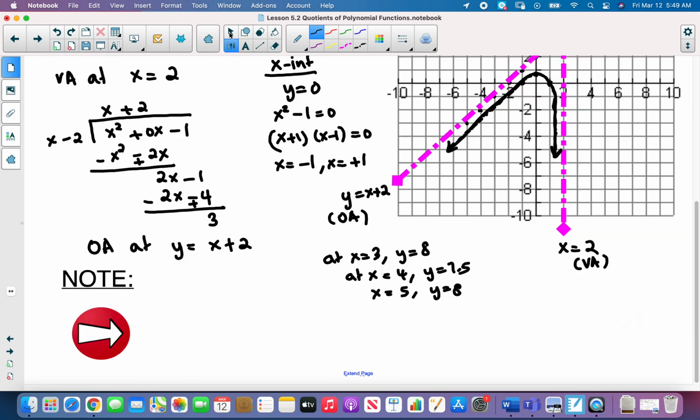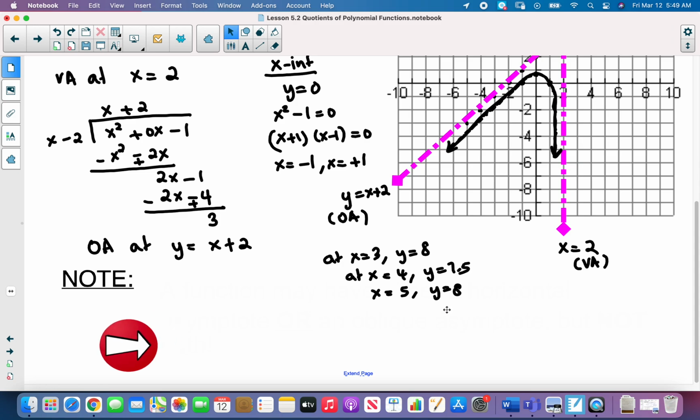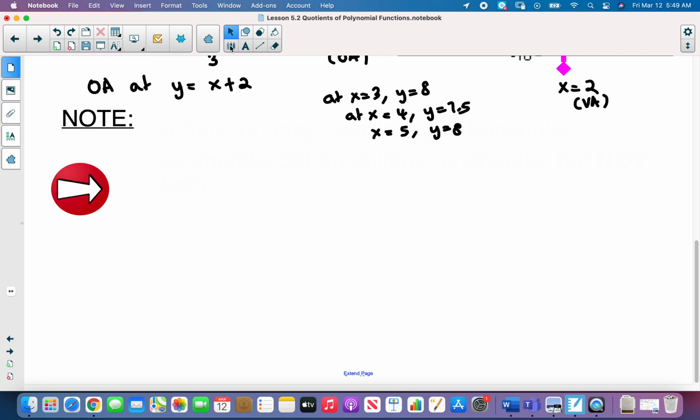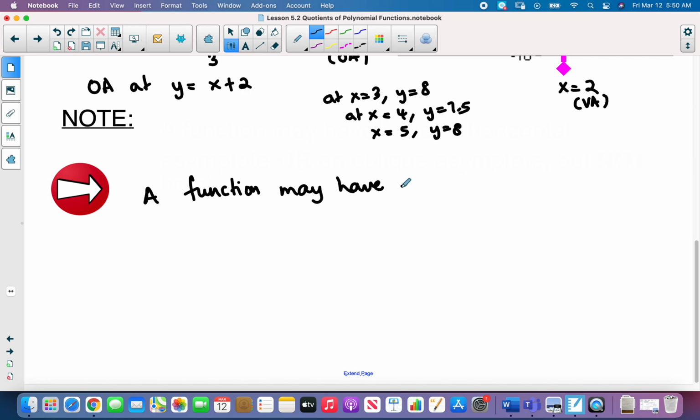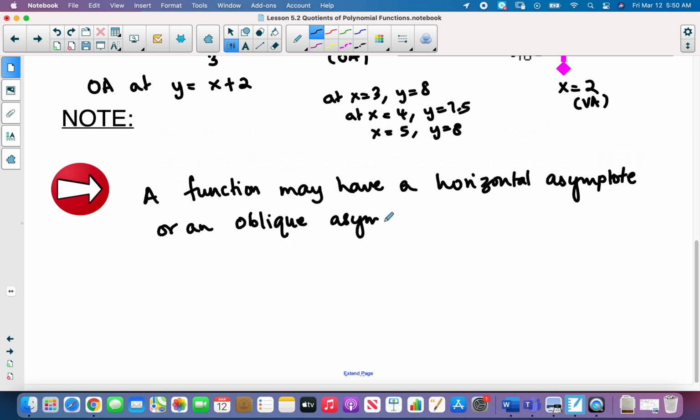Now you have to note that a function may have a horizontal asymptote or an oblique asymptote, but not both.